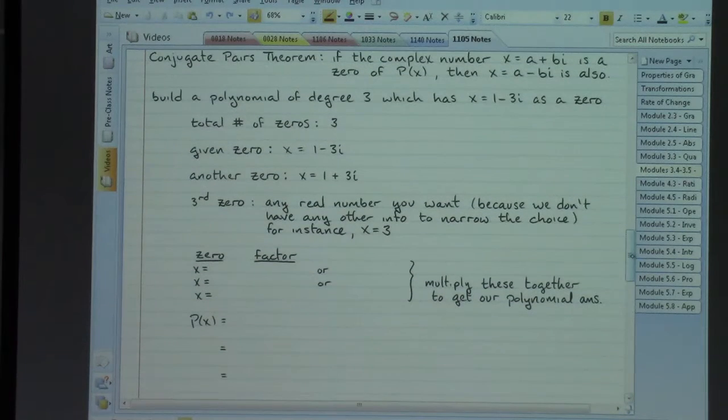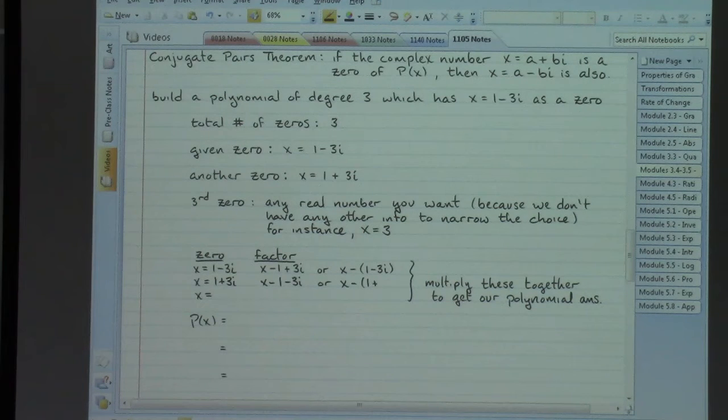So we can now build a little bit of that kind of table that we were looking at a moment ago. If we've got a zero, we can transform that into a factor. There are different versions of that factor depending on how you rearrange things. And we've got the other factor, and so again, depending on how you like to rearrange things.